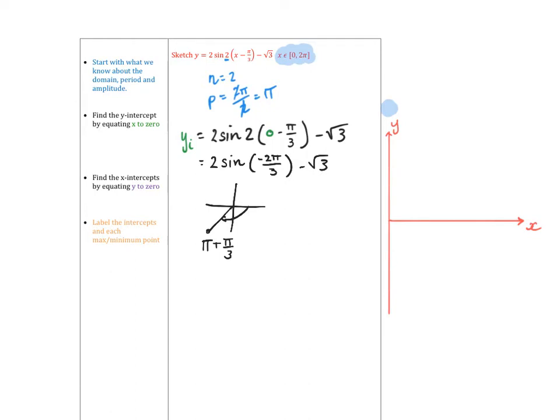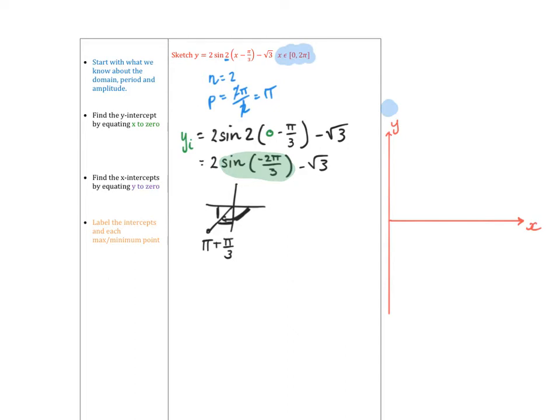If we imagine that we've gone 90 degrees here and another 30 degrees there, we know that on the inside is 60 degrees. And so really this is just like saying negative sine of pi on 3. So sine of negative 2 pi on 3 is the same as negative sine of pi on 3.